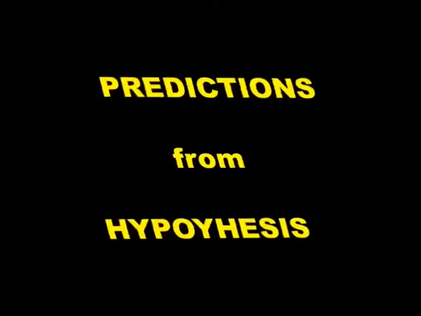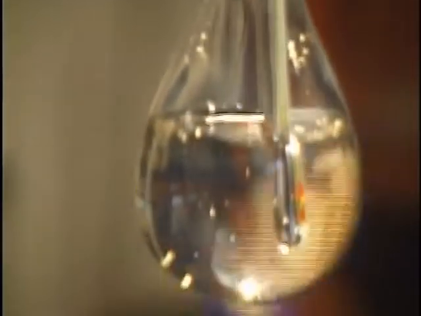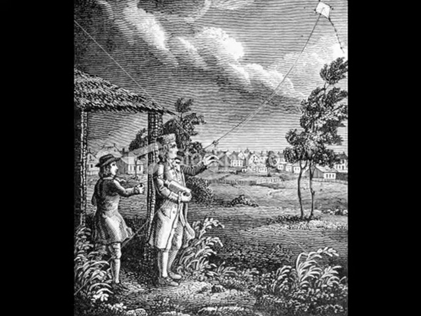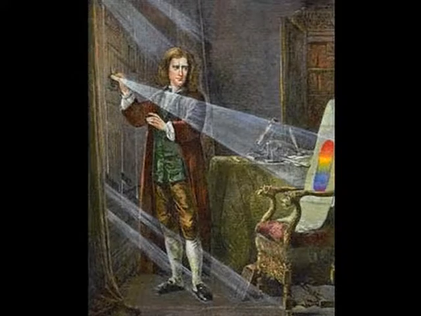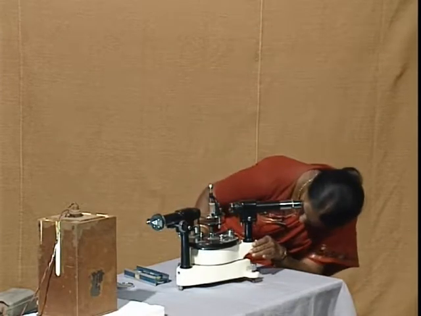Let us now discuss predictions from hypothesis. Any useful hypothesis will enable predictions by reasoning, including deductive reasoning. It might predict the outcome of an experiment in a laboratory setting or the observation of a phenomenon in nature. The prediction can also be statistical and only talk about probabilities.